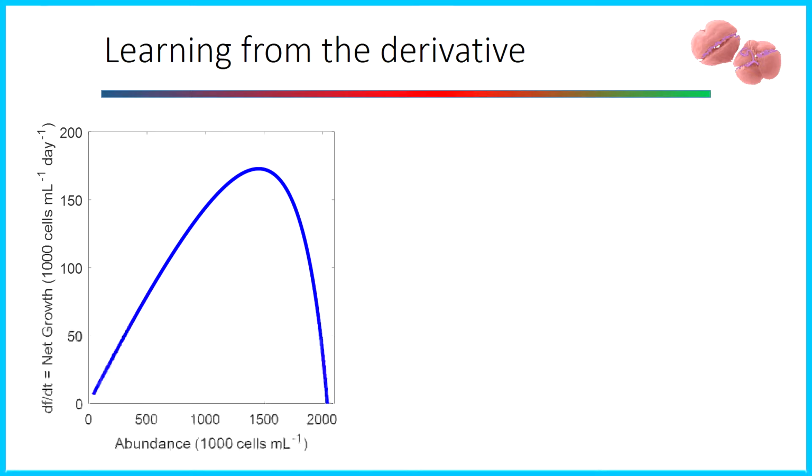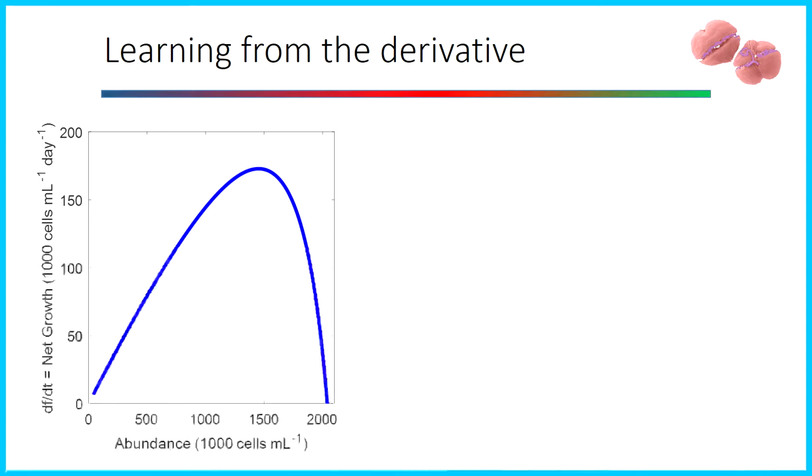This now tells us how the net growth rate varies as a function of the population size of the Crania, and this gives us some useful information. We see that the net growth rate grows almost linearly with abundance at the beginning of the experiment, and then plateaus and declines rapidly. But let's actually try something a bit different.